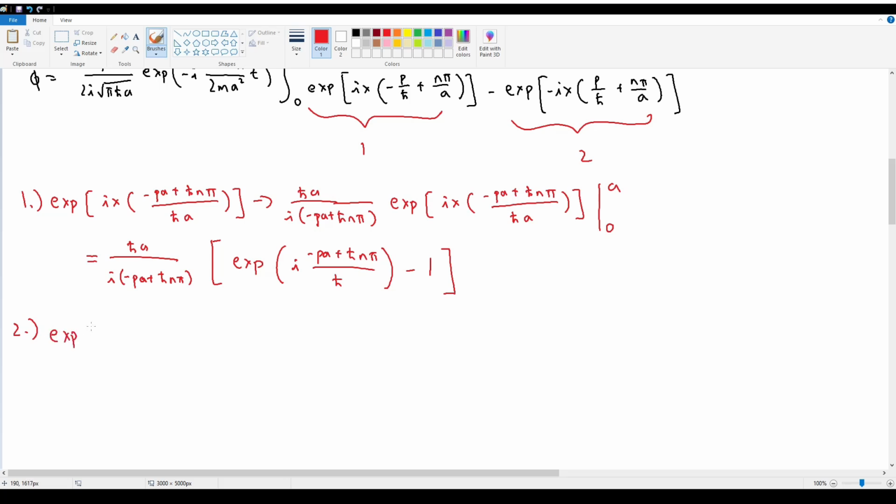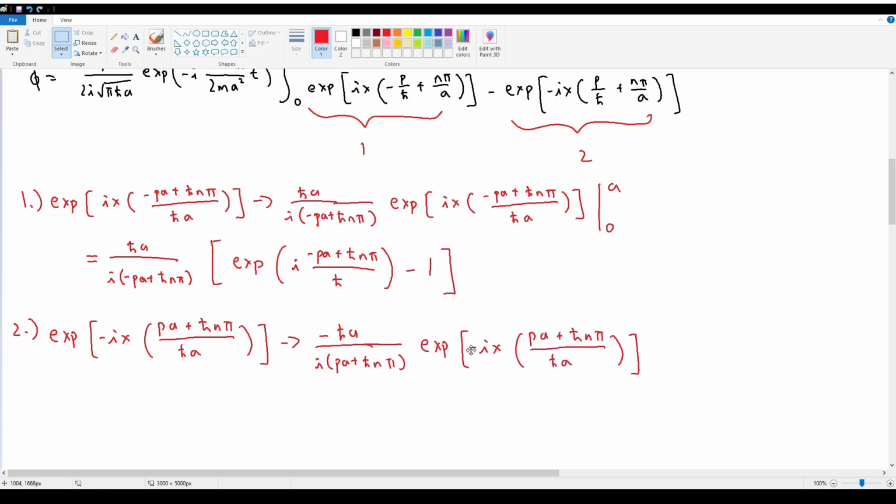So this is going to be an exponential of negative ix times pa plus h bar n pi divided by h bar times a, in which case its integral is going to be negative h bar a over I times pa plus h bar n pi multiplied by the same complex exponential, in which case I'm just going to copy paste again, evaluated from 0 to a, in which case this is going to give us, let's see, same thing as before.